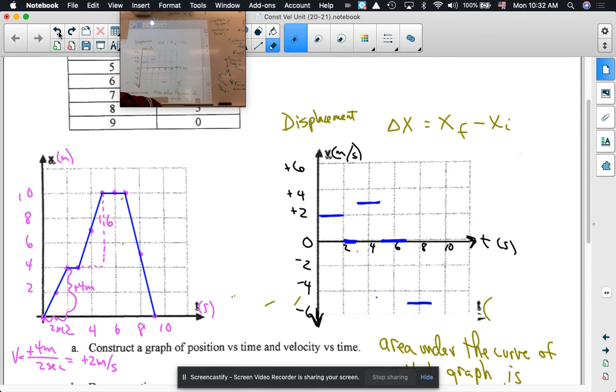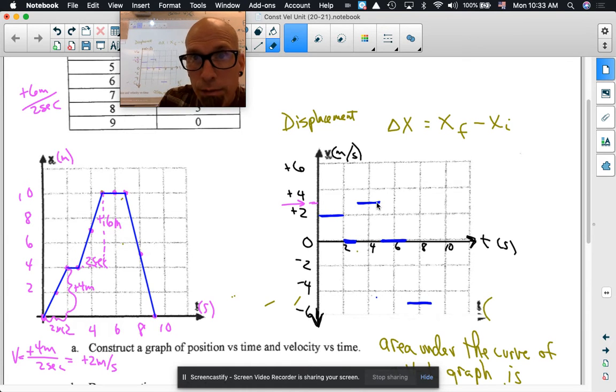That is positive 6 meters, and that's 2 seconds. So what's positive 6 meters over 2 seconds? Well, I hope you can clearly see that that would be 3, right? Positive 3 meters per second, which is where I put the line here at positive 3 meters per second for 2 seconds again.